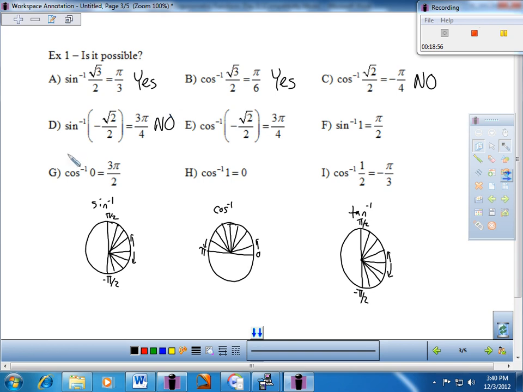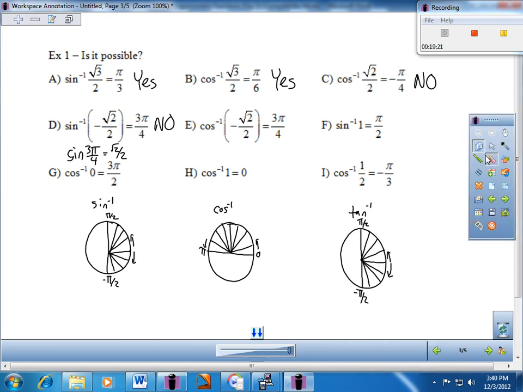The answer is certainly no. First and foremost, if I even did sine of 3 pi over 4, well, guys, this is the second quadrant angle. What do we know about sine in the second quadrant? Well, sine in the second quadrant, it's not even negative. It's root 2 over 2. So again, it's wrong for so many reasons. But the number one thing, as soon as you see it's obviously not an angle in our interval, we would say no regardless.